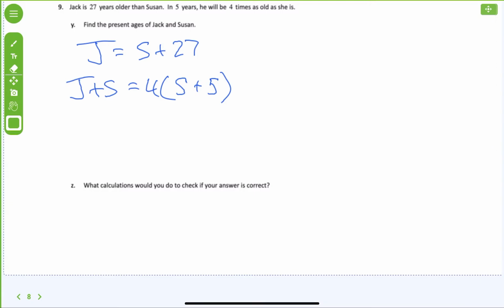So let's do this. This is plus 5. Sorry. That's not J and Susan. That's J plus 5. Because 5 years from now, how old will they be?